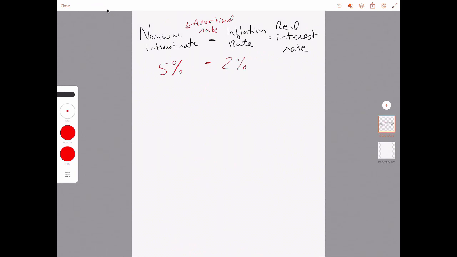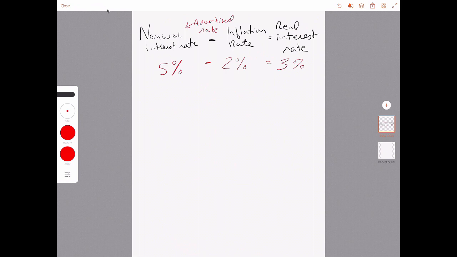This is kind of the standard US inflation rate. So if a bank charges 5% and they expect the inflation rate to be 2%, then naturally that leaves us with a real interest rate of 3%, which means when you repay your money, it's 3% more valuable than it was when you borrowed it. It can buy 3% more in terms of goods.